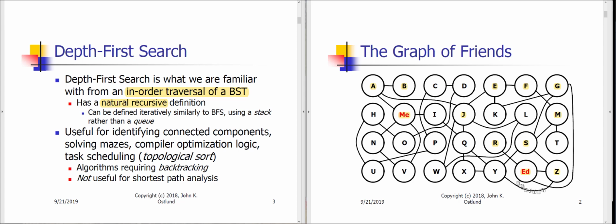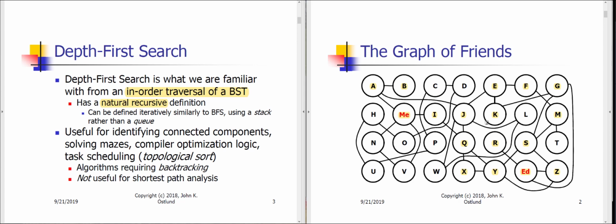So from Z, we're going to go to Y. And then to Q. And then to I. Well, I, at this point, has no unvisited neighbors, so we backtrack to Q. We visit X. X does not have any unvisited neighbors, so we have to backtrack quite a bit now. We backtrack to Q, and then to Y, to Z, to Ed, to G. And G has an unvisited neighbor, so we go to K from G.